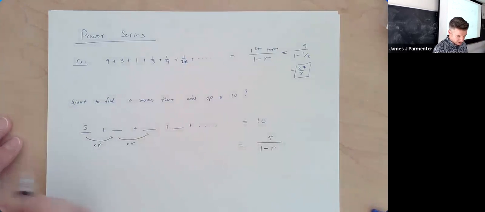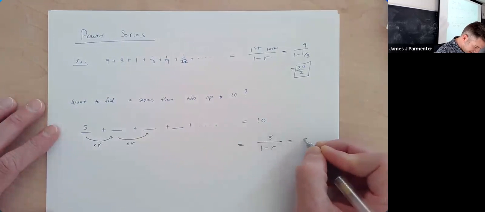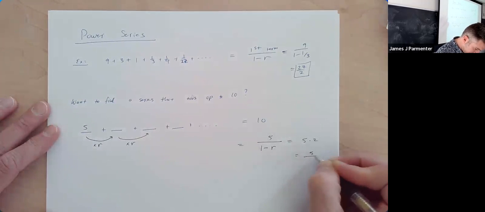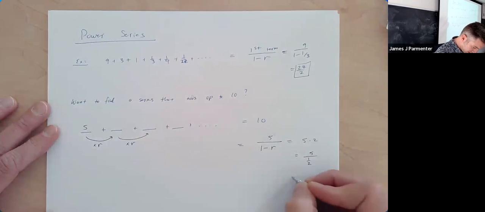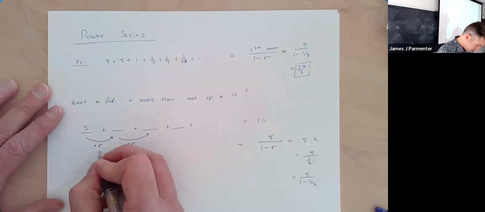I want this to be 5 times 2, which is really 5 divided by 1/2, which is really 5 divided by 1 minus 1/2. So I want my ratio to be 1/2.